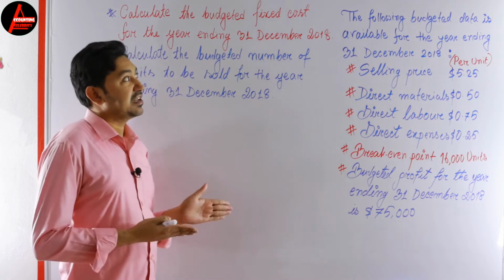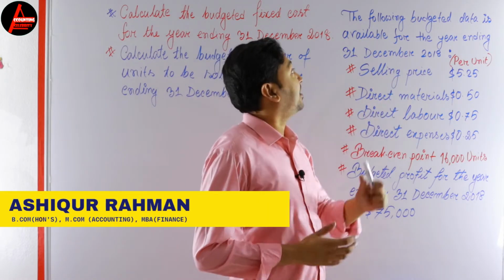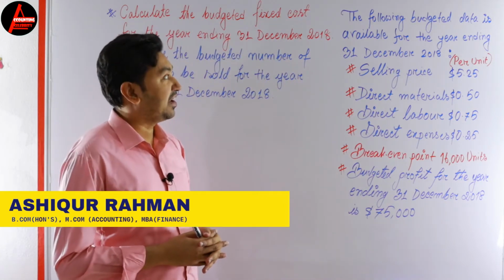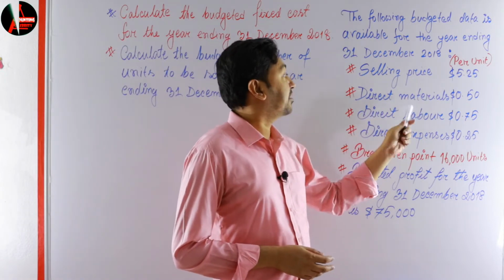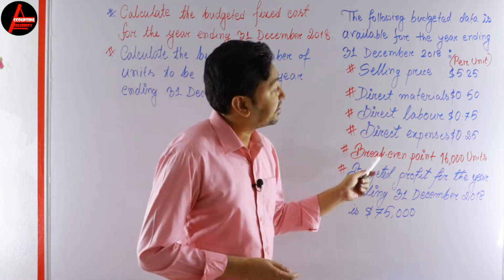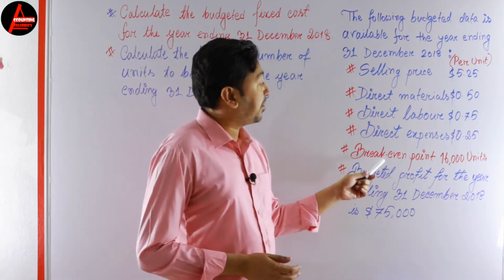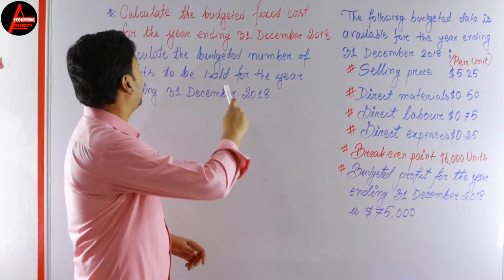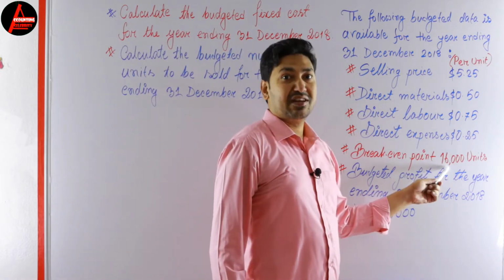We have the question. What is written here? The following budgeted data is available for the year ending 31st December 2018. Okay, so here we have selling price per unit, we have direct materials, direct labors, direct expenses. Okay, then we also have here break-even point units. That means we have to calculate the budgeted number of units to be sold for this 16,000 units.